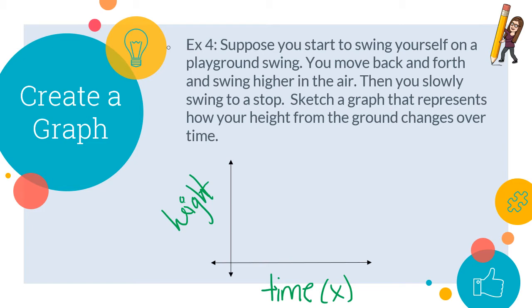So if I sit on a swing, I'm a little bit above the ground, right? If we're considering height as a relationship to the ground. Now, as I push myself backwards, my height increases a little bit. And then as I come forward, my height is back just a little bit above the ground, and then I'm going forward a little bit higher.